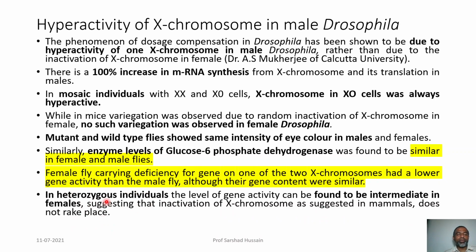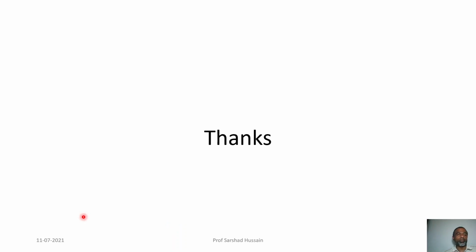Why intermediate? Because normally both the X chromosomes are contributing, and when it is a heterozygous condition in the female, 1 X chromosome is actively contributing, other is mutant. So, it is again showing that the X chromosomes in the females are not inactivated. If it was inactivation, then there would not be any deficiency in the product of the genes coded by the X chromosomes.